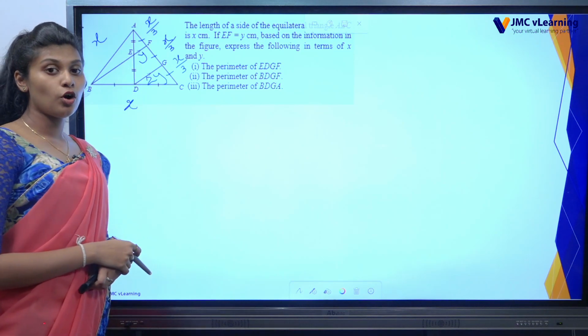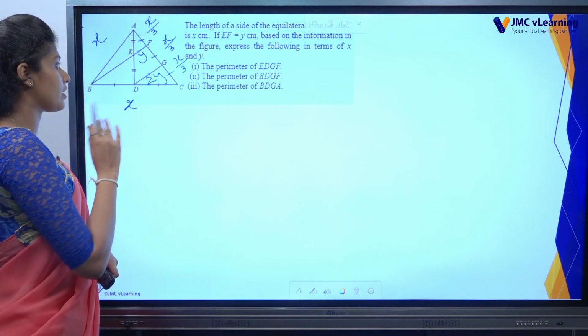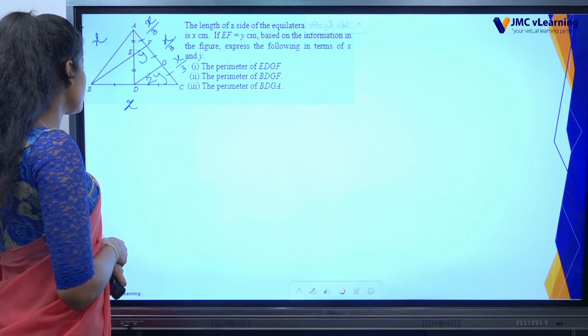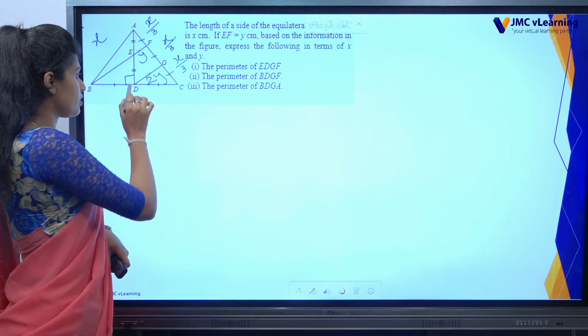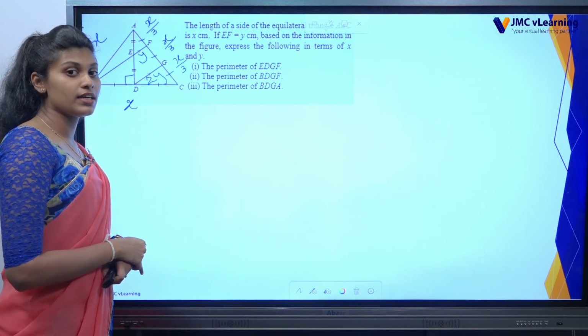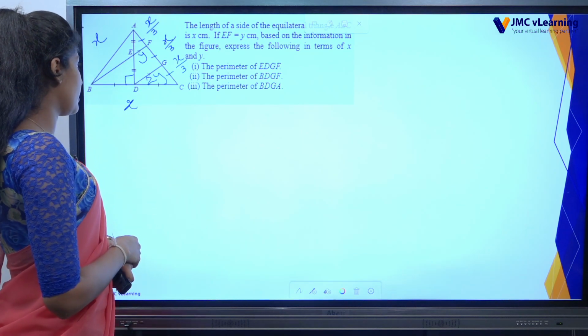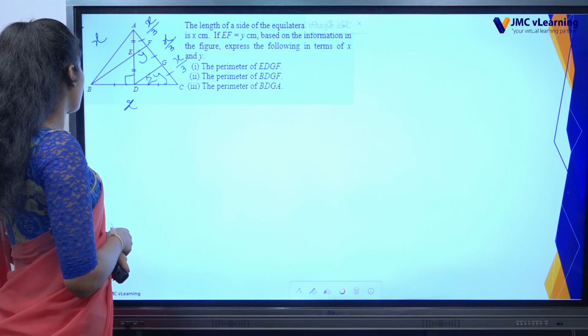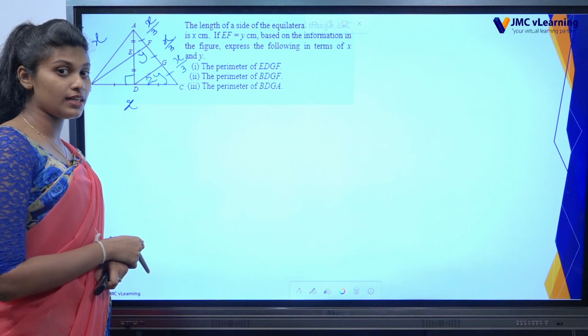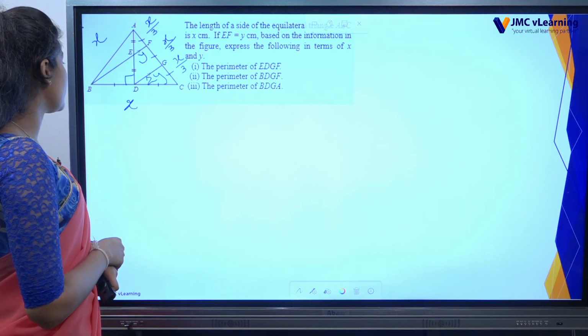AD is a common side. Because these two triangles are congruent, this angle is 90 degrees, because these two angles add up to 180, then half of it, angle ADB, is 90 degrees.